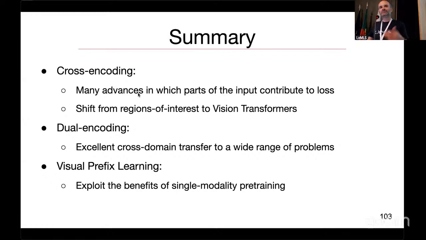And finally, we've seen this shift in more recent years, maybe since late 2023 onwards, to visual prefix learning, where I think we're seeing the real benefits of taking what's already learned in a pre-trained language model and what's learned in a pre-trained vision model, and trying to fuse these two things together to produce, hopefully, a best of both worlds type of model.